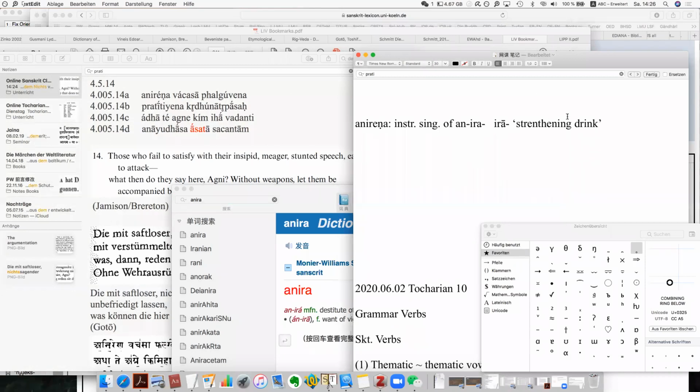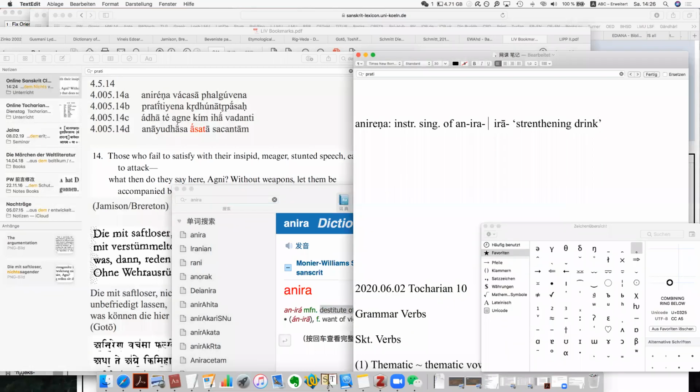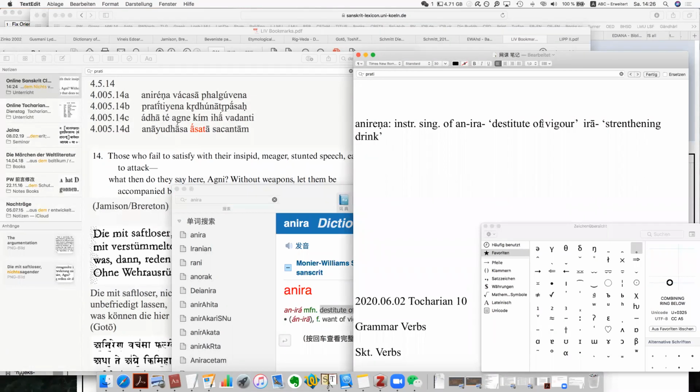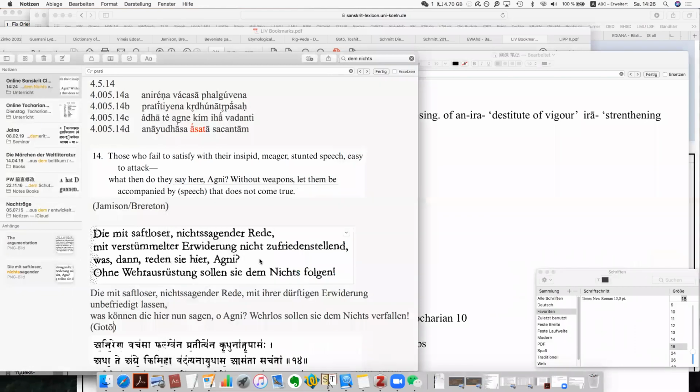So without the strengthening drink, so destitute of vigor. Yeah. So this is actually the meaning here. Destitute of vigor. Okay, and this is attributed to vachas. So this word has no vigor. Yeah. And then parguvena. And parguvena actually means, how to say that?